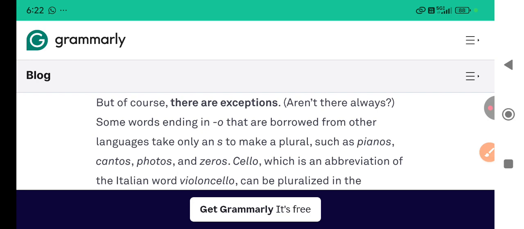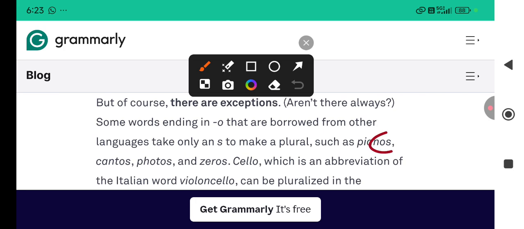Some words ending in o that are borrowed from other languages take only an s to make a plural, such as pianos, no es. In the case of pianos, because piano is not an English word, it's a borrowed word.